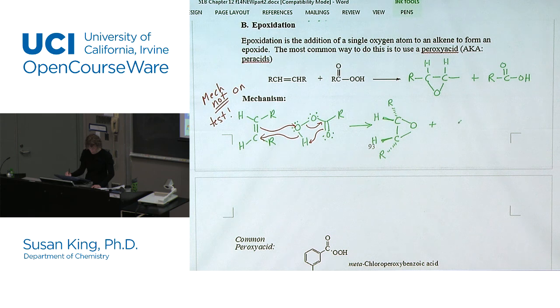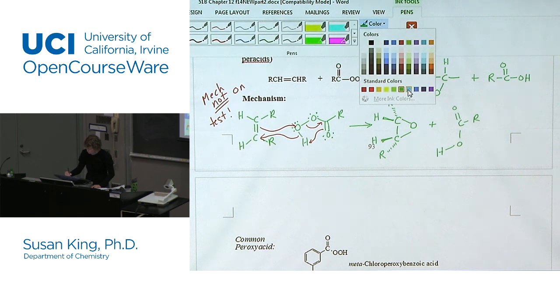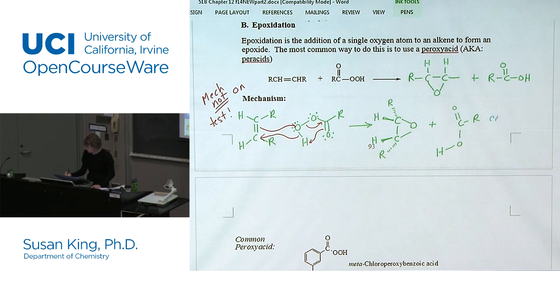And your side product, which we're not going to worry about, but I'm going to draw it here just to complete this, is a carboxylic acid. Do not need to include that if I have a predicting products. This is a carboxylic acid side product. On the test, you only would have to draw this if it's a predicting the products.